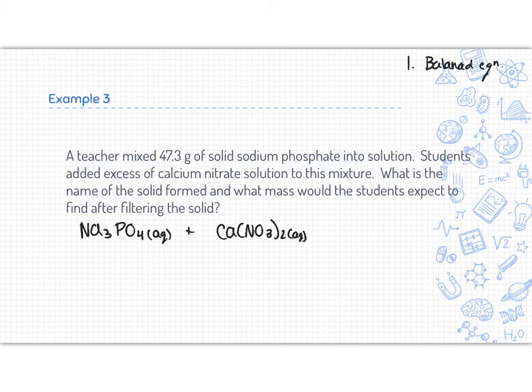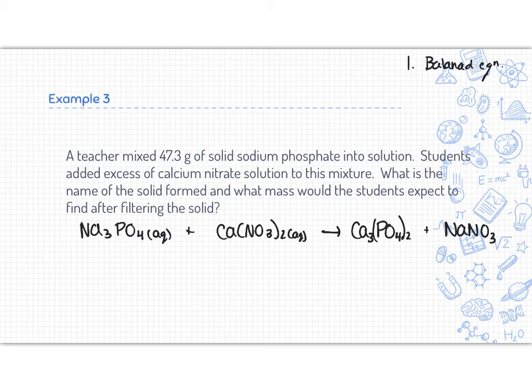It's a solution. This is a double replacement reaction where calcium is going to combine with phosphate. Now remember, calcium is a 2+, phosphate's a 3-. So to write a neutral charge for this ionic compound, I need to include these subscripts. And then sodium is going to combine with nitrate.